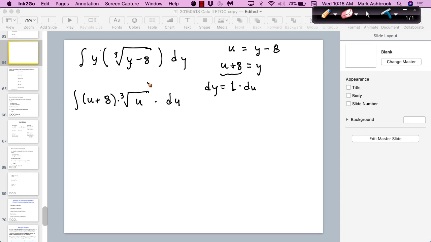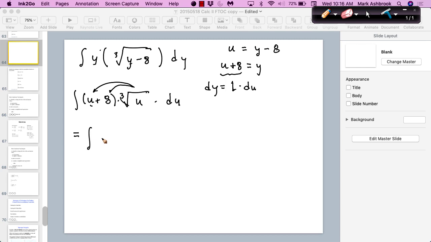Alex says yes. What could we do to continue to make progress now? You see, this is just u to the 1/3, right? And I got u plus 8 to the first, so just distribute. I can distribute u to the 1/3 times u to the 1/3, times 8. Those are both pretty straightforward power rule.